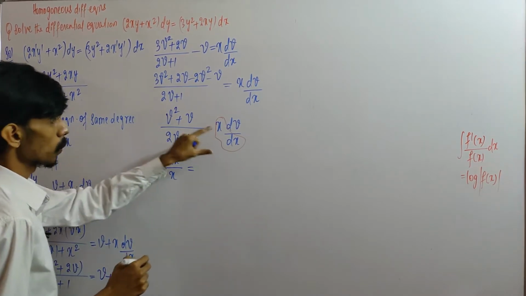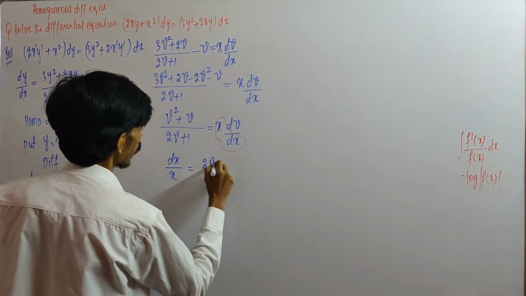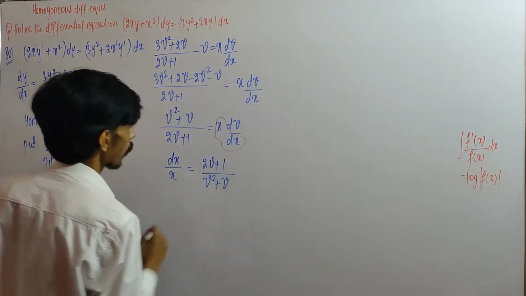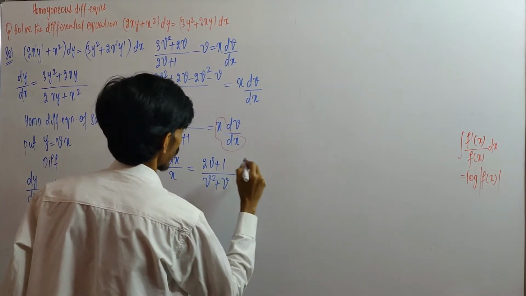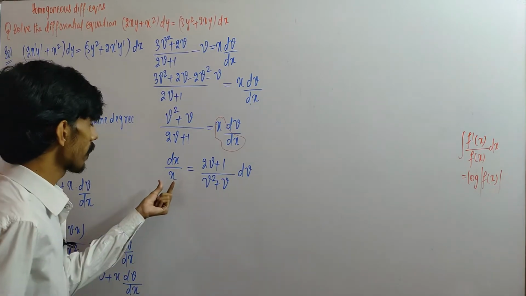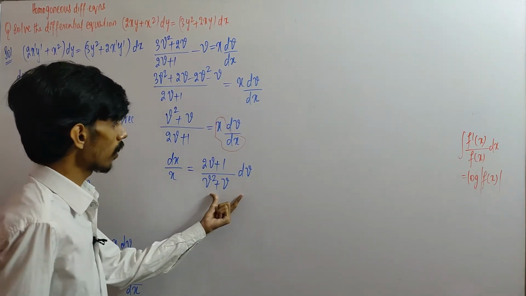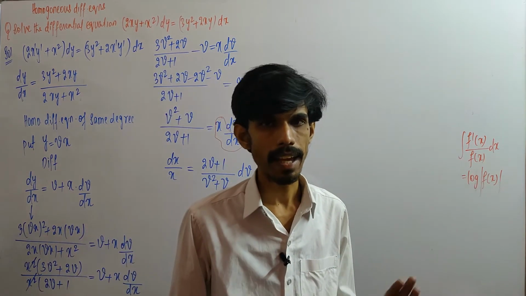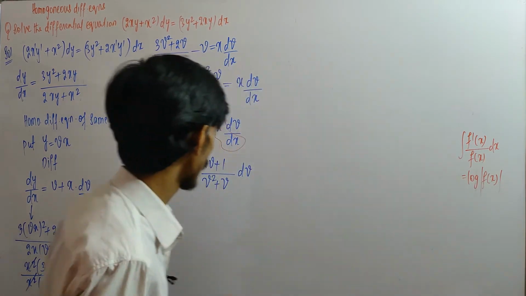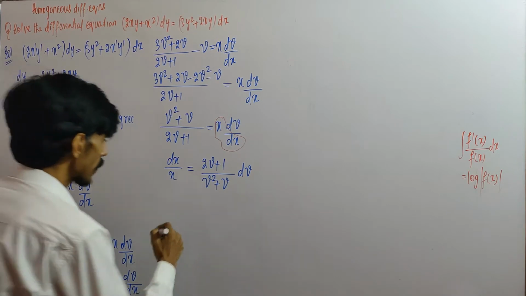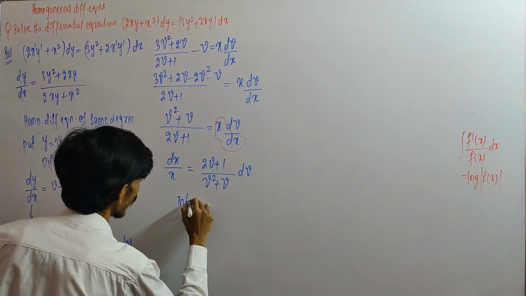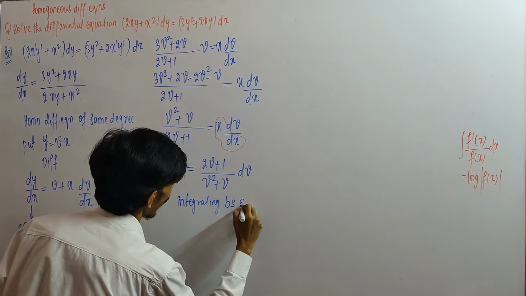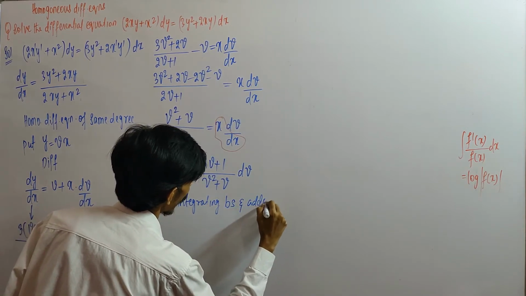Take this function to that side, it will become 2v plus 1 divided by v square plus v dv. Now here we have x terms together, all v terms together, that is we have separated the two variables, x on one side and v on the other side. Now the next step is integrating both sides and adding a constant.